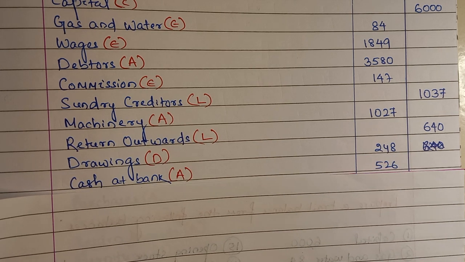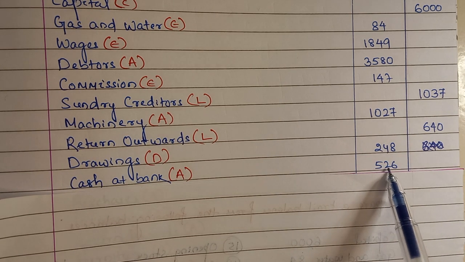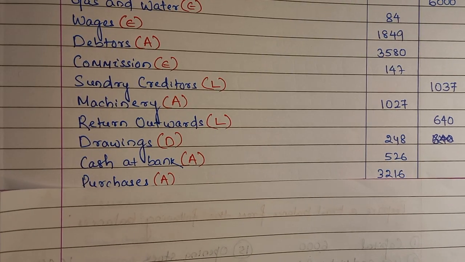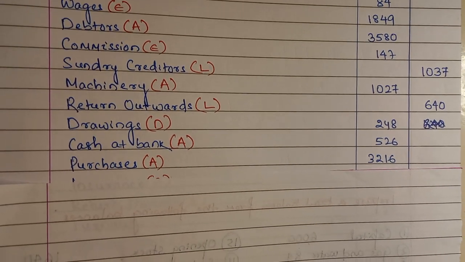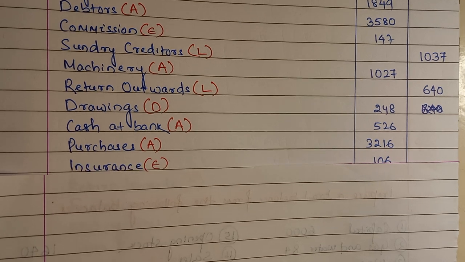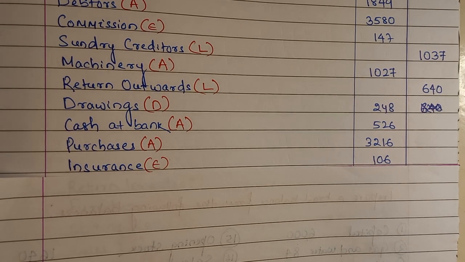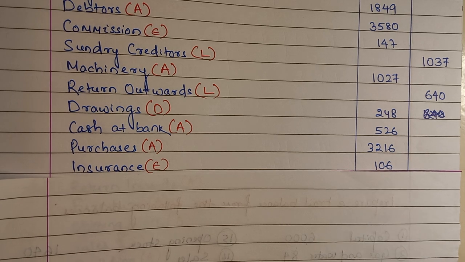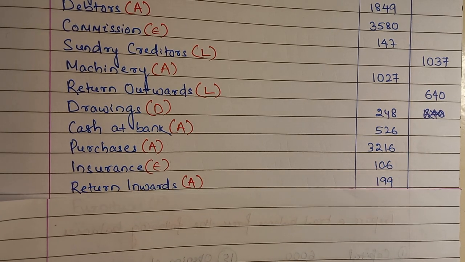Cash at bank is an asset, so 527 is in debit. Next one, purchase. Inventory is an asset, so 3216 is reported under debit. Insurance, expense, 106 is reported as debit. Next one, return inward.